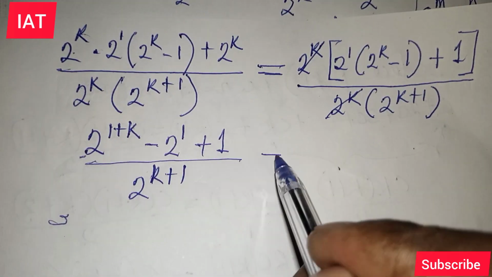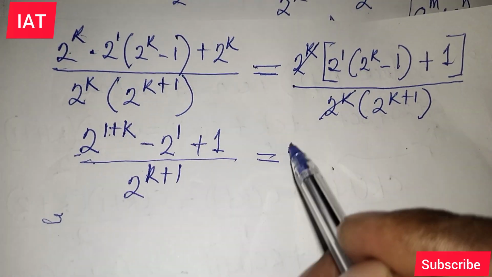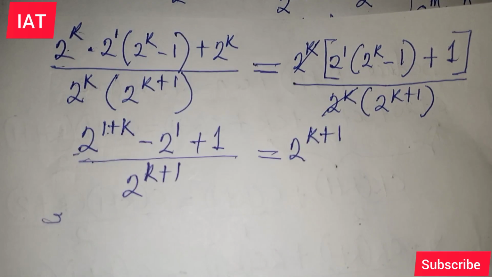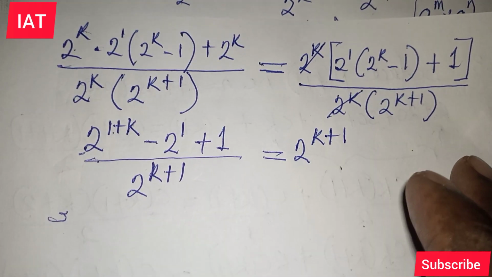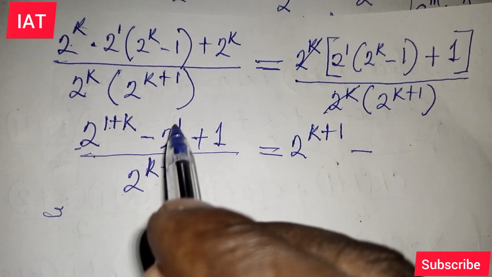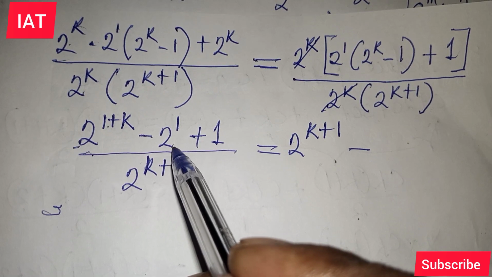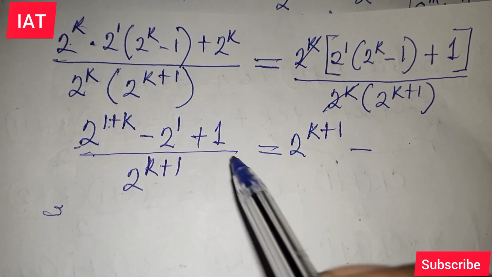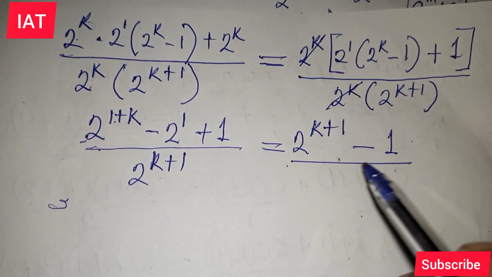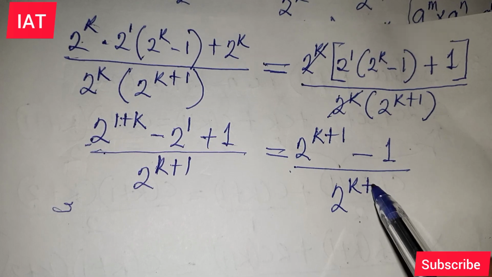All right, so the next thing is this: 2 to the power of 1 plus k is the same thing as 2 to the power of k plus 1. Because it is positive, you can always tweak those parameters there. So this will be minus 2 to the power of 1, which is the same thing as 2. Then minus 2 plus 1 should give us minus 1, all over 2 to the power of k plus 1.